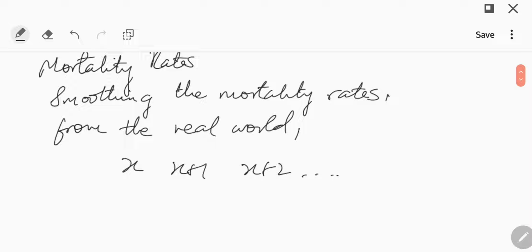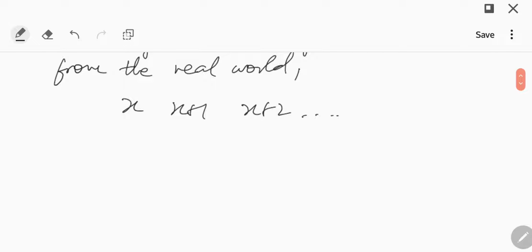So I'm looking at a large sample of people in each of the age categories and how many of them have died within each age category. From there, I'm trying to get an estimate of the mortality rate out of the number of people who are observed in each age category. I'm trying to find out what proportion of people have died during the observed period, generally a 1 year period.